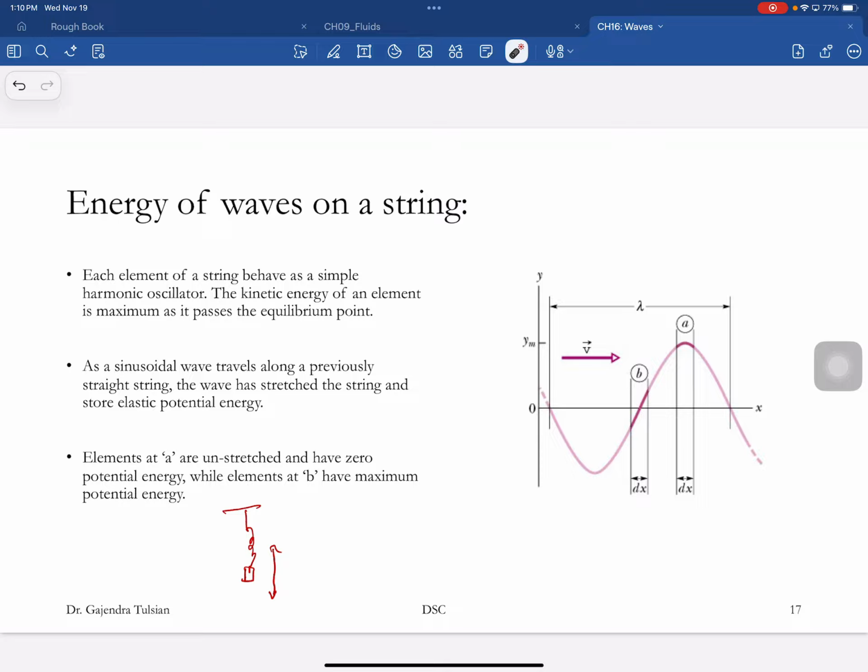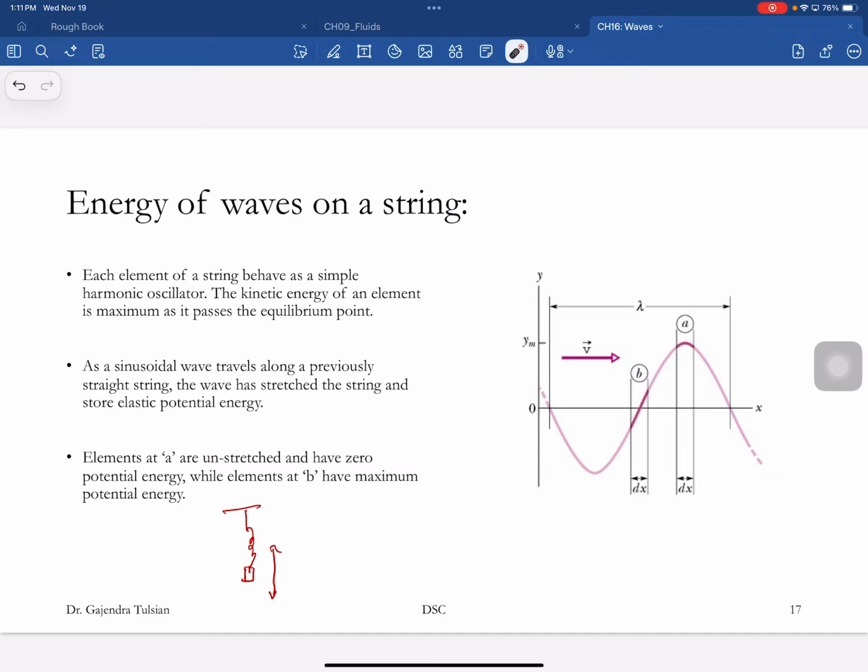For this string, this element is unstretched, so it has minimum potential energy, and it's at rest, so it has minimum kinetic energy. This point is moving the fastest and is stretched the most, so it has maximum potential energy and kinetic energy. It's under tension: the force on this point is zero, and the force on this point is the maximum. What I want you to remember is that there's potential energy stored in the string because it's stretched, and there's kinetic energy in each element.